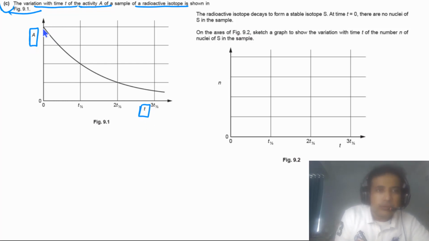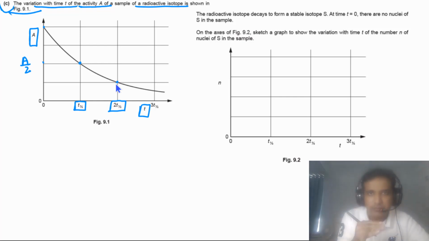If you look at this carefully, we can see after one half-life, activity becomes half, so this activity is equal to A by 2. And after another half-life, activity again becomes half of the previous activity, so this will be A by 4.